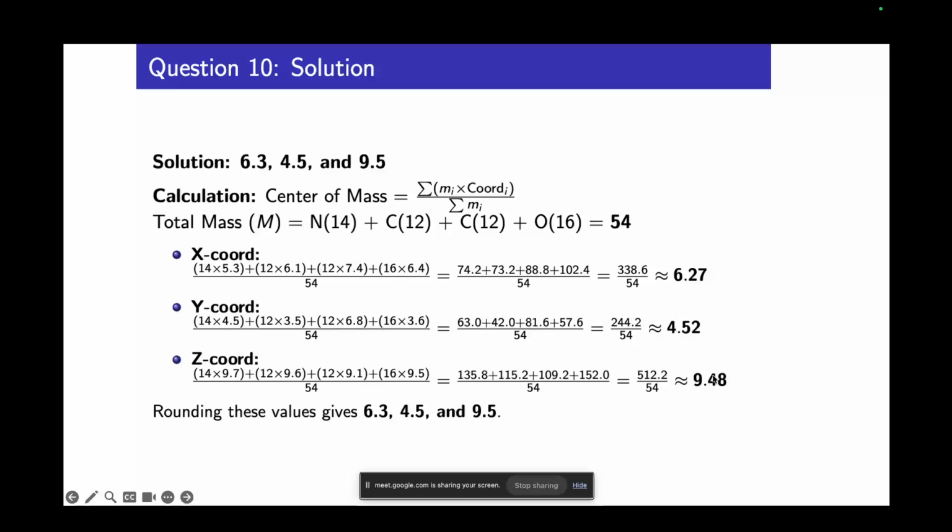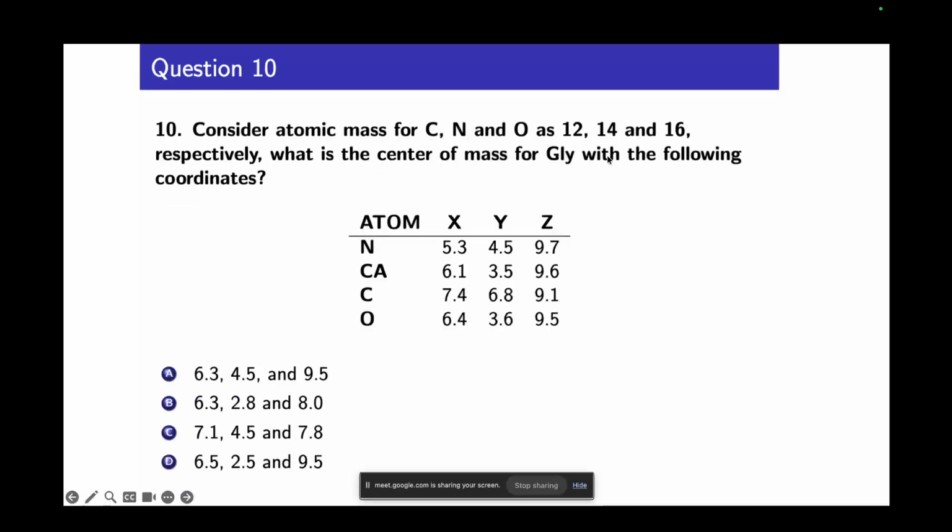Yeah, I think this is the level of answers that you're going to get: 6.3 around, 4.5 and 9.5. So basically it's a weighted average, right? For nitrogen, the first coordinate would be 5.3 times 14. This is actually carbon only, C alpha is the alpha carbon. So 6.1 times 12 and 7.4 times 12 again, 6.4 times 16.